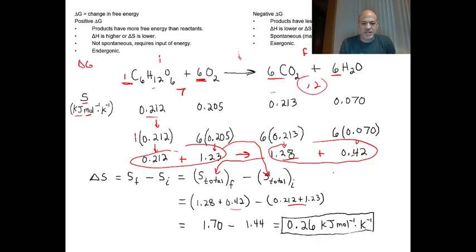When we do the calculations, the numbers become 1.70 and 1.44, and when we subtract them, that's positive right there. There's no negative; it's a positive value. So, much like we predicted, you do get a positive entropy change, which means more disorder, okay? A negative would be less disorder, okay?